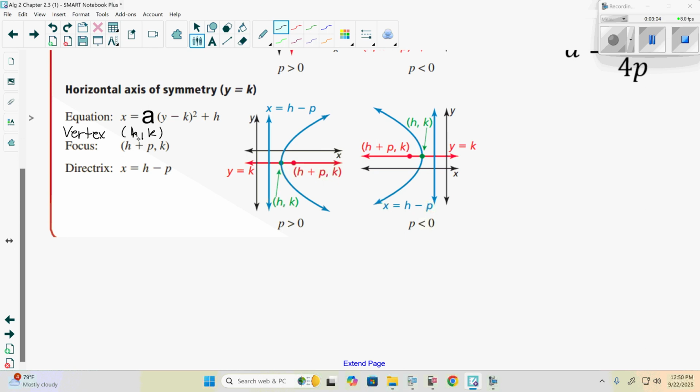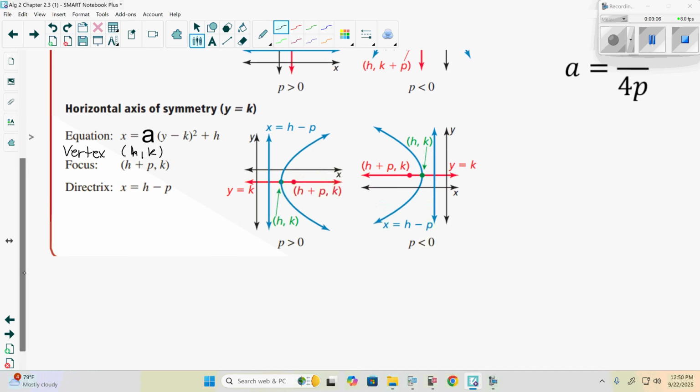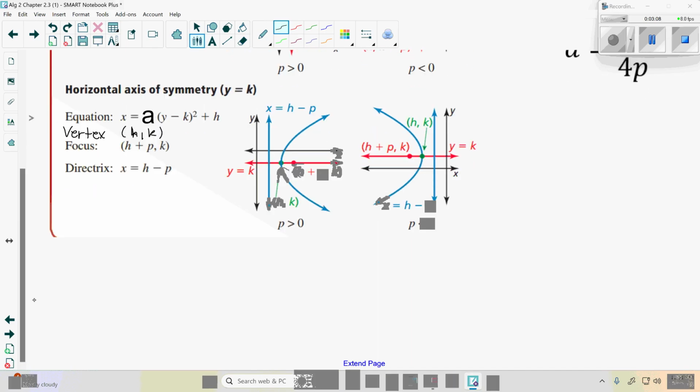And when I'm looking at the equation and the information given to us, especially when they give us the vertex and focus, I'm trying to see what is changing from the vertex to the focus. Because for this one, x equals, the vertex is still the point h comma k. Our focus is h plus p comma k. The x value from vertex to focus is changing.